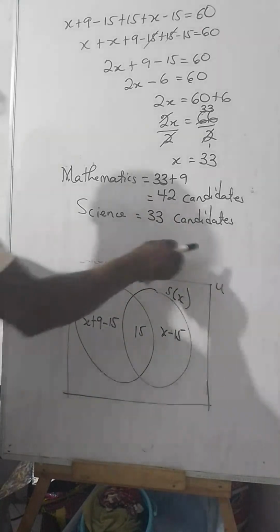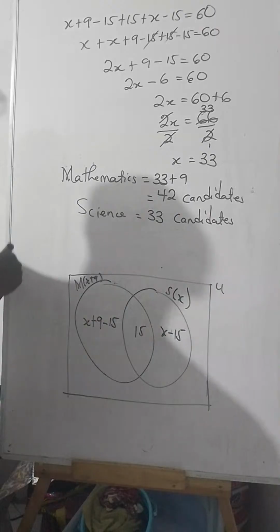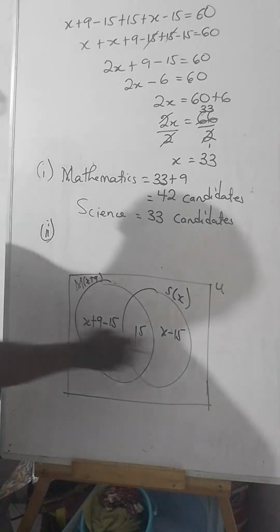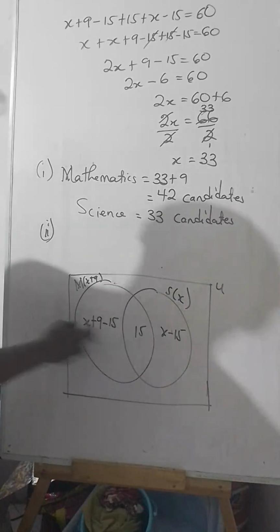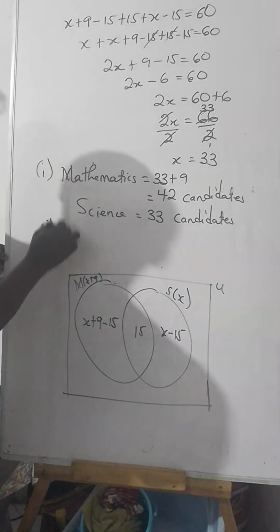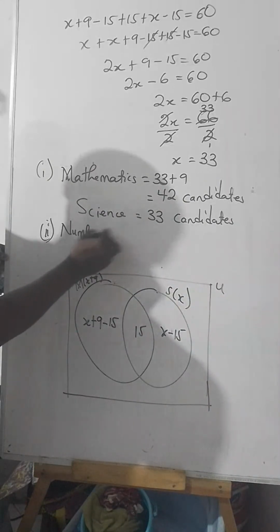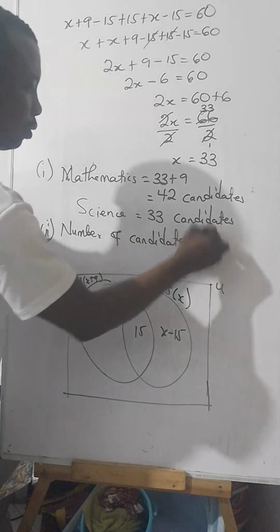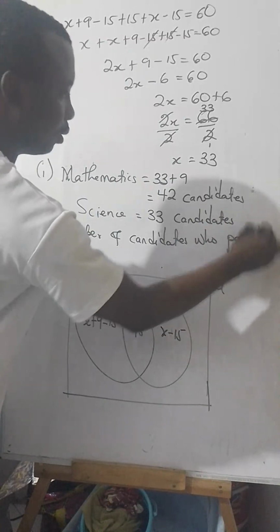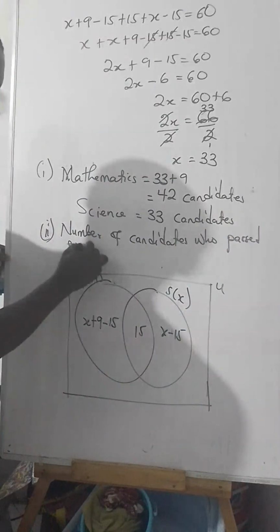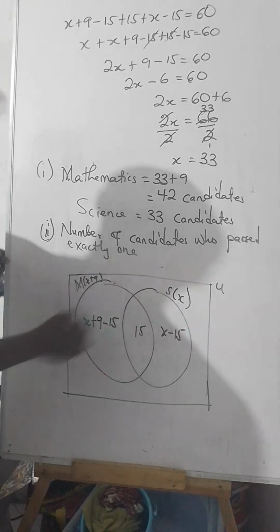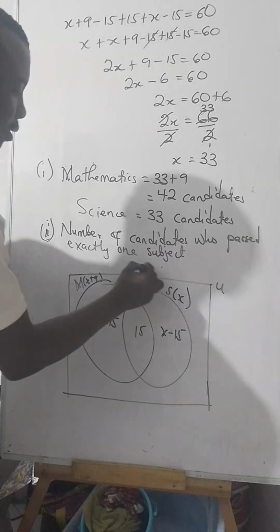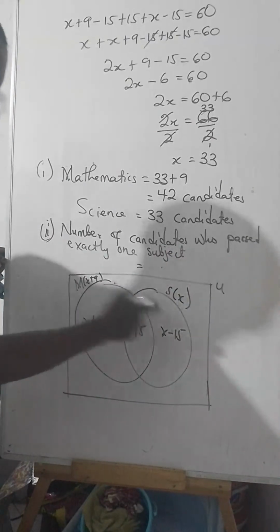With this one, you have to find the number of candidates who pass exactly one subject before we find the probability. That's only maths and only science.